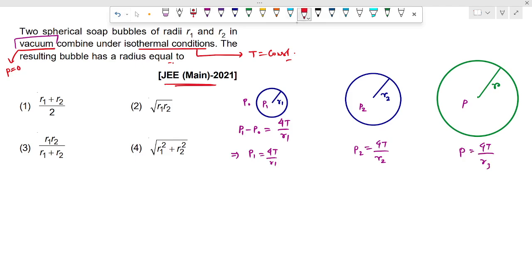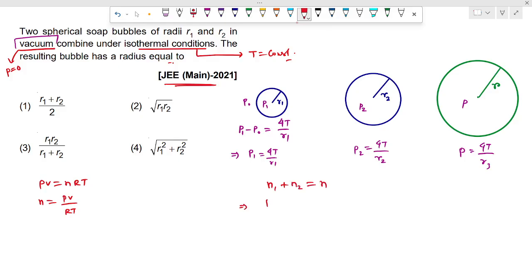Now they combine isothermally. We know PV equals nRT. When the process is isothermal, we can write n equals PV by RT. Since they combine isothermally, n1 plus n2 will be n.